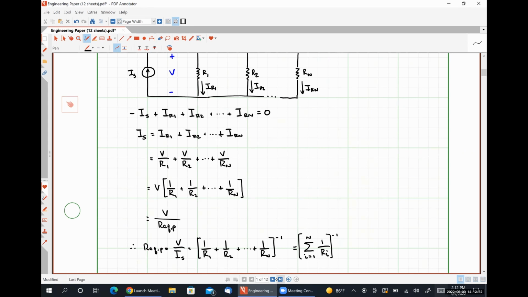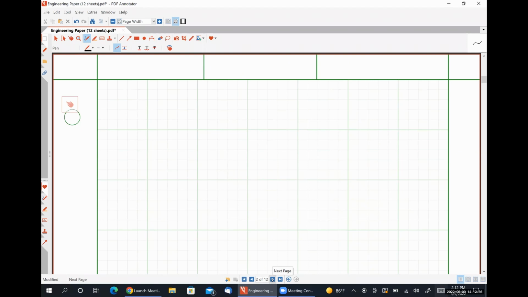Now I want to point out something interesting. Let's consider a network containing exactly 2 resistors connected in parallel. So we'll have a resistance R1 here, and a resistance R2, like so.